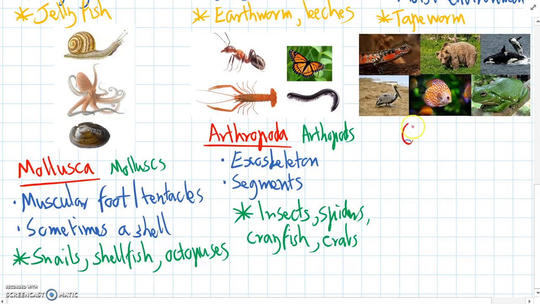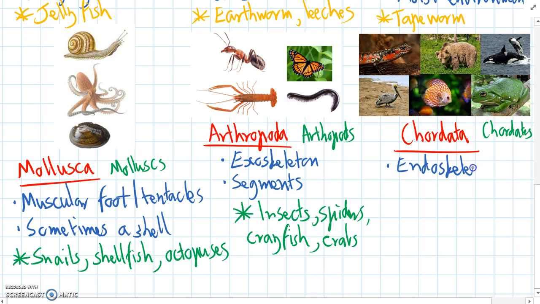Lastly, we have Phylum Chordata, which are also called the chordates. And this is the phylum that we're part of. We have an endoskeleton, so we have bones inside our body to hold up our body. And compared to other animals, we have a spinal cord.